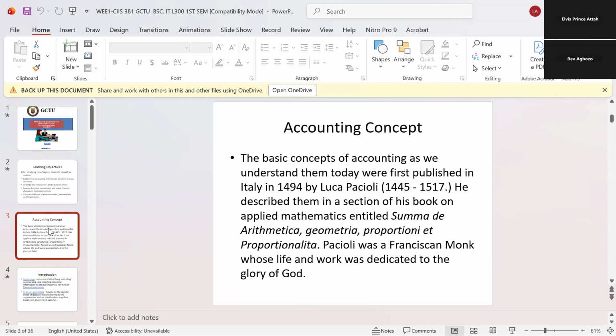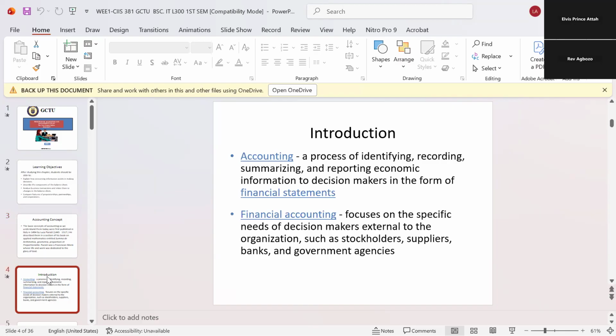So businesses did not record financial information until 1494, where a man known as Luca Pacioli introduced a form of recording accounting information. So start from there, that accounting information is generated from business transactions or business dealings.